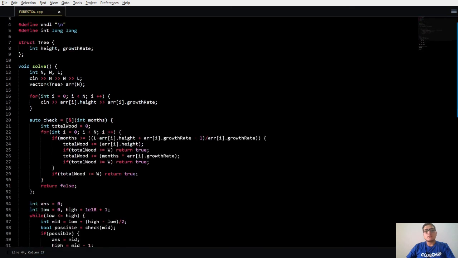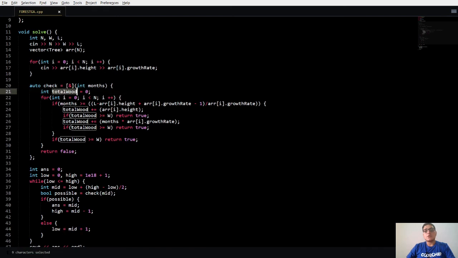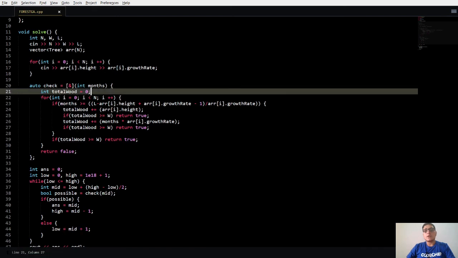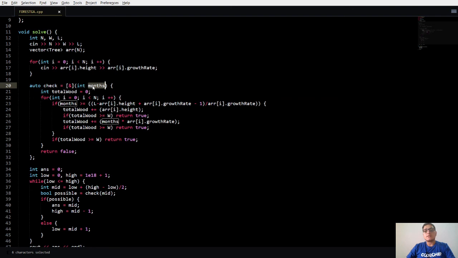Moving on to the check function. In the check function, we have this variable total wood that will calculate the total amount of wood in this many months. Now we iterate over every tree and we check whether month is greater than or equal to the ceil value of L minus height by growth rate. If it is, then we know that we can cut this tree.